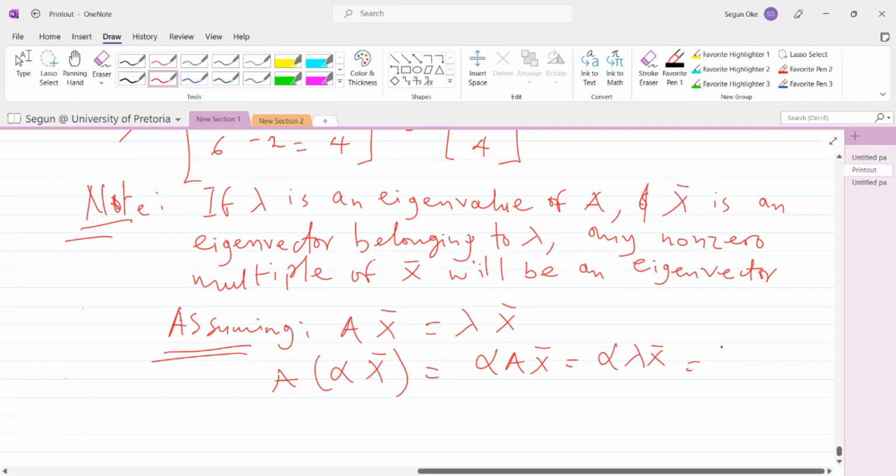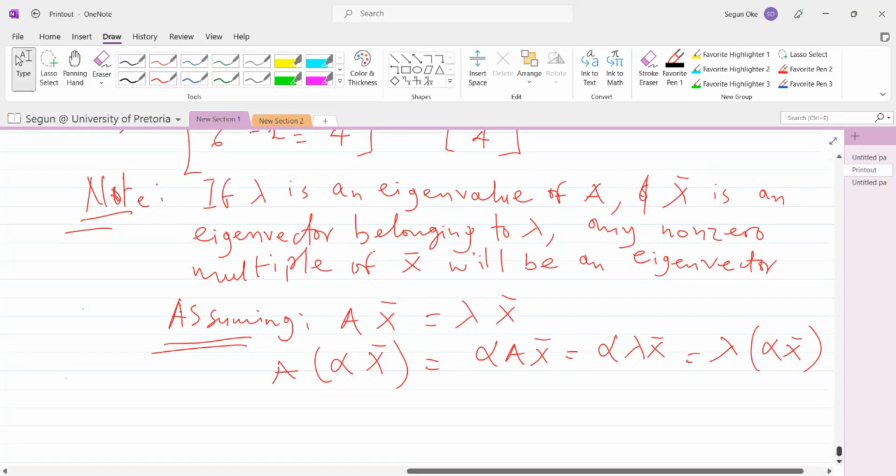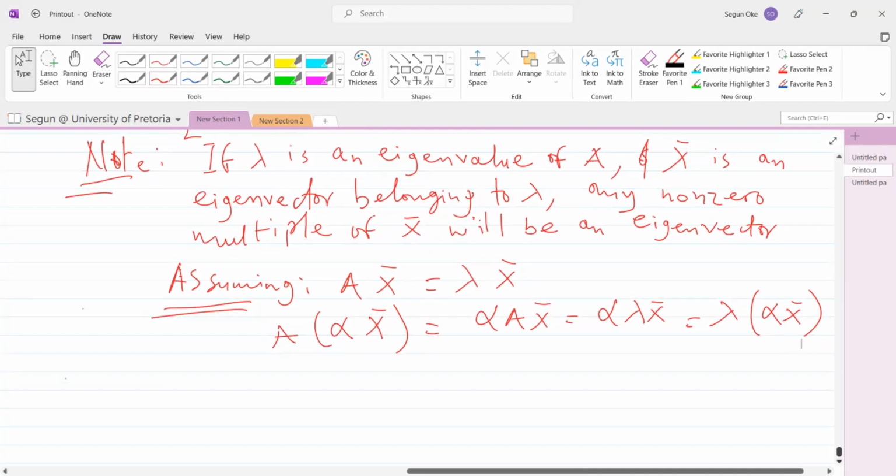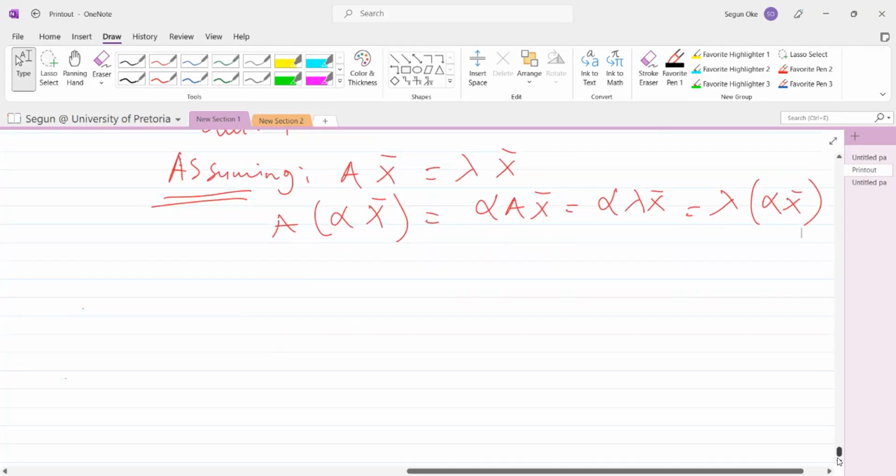So what we are trying to show here is that alpha is an arbitrary constant that we bring in, used to open the bracket. Remember the way we normally do it with linear independence when we started, the same way we introduced the arbitrary constants and we move on with that.